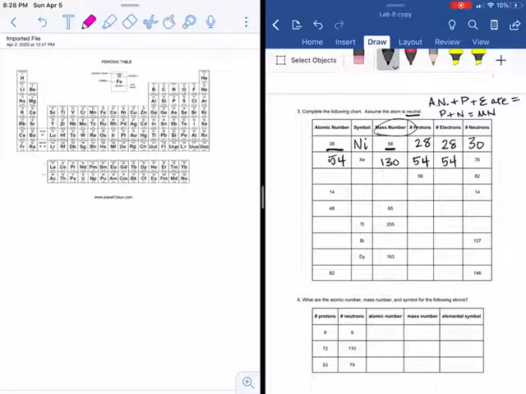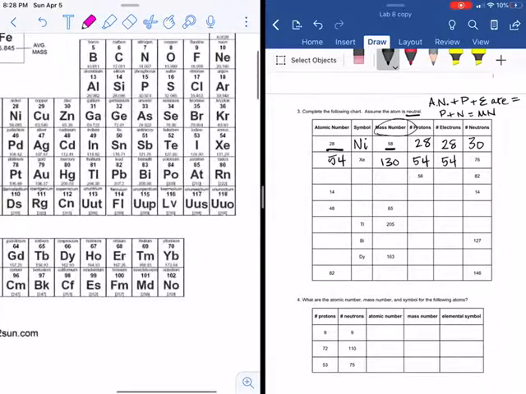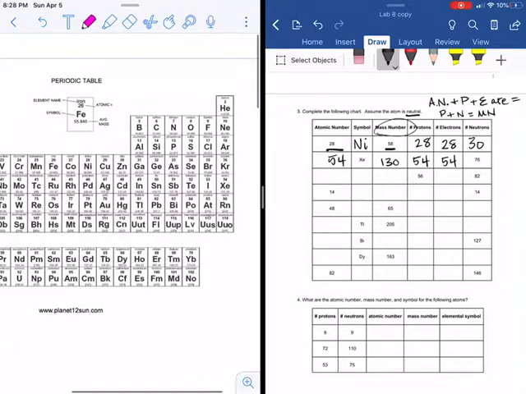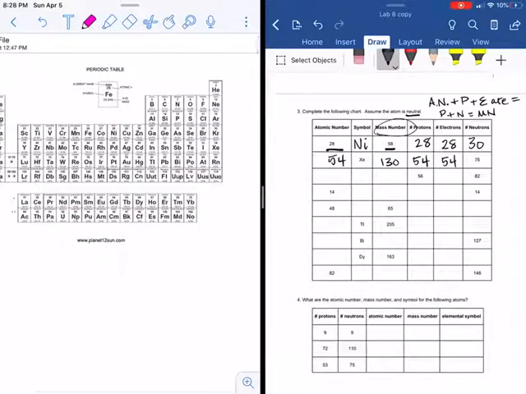Now, I will just tell you, this number right here will not always be what it says on the periodic table for that lower number. If I zoom into this for xenon, see how xenon is really like 131 on the periodic table? Well, that goes back to isotopes.